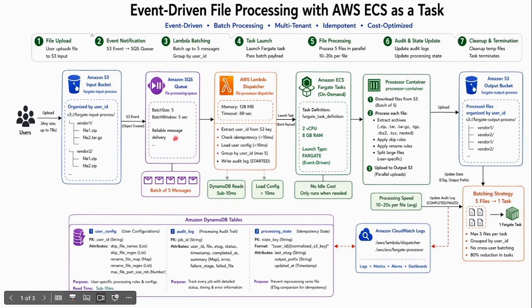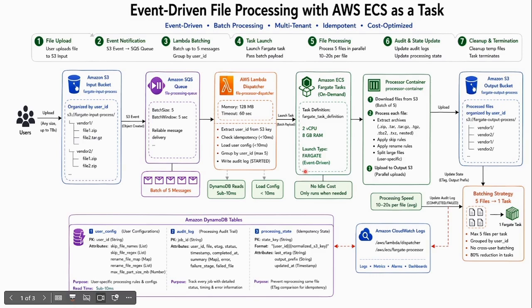This is the basic configuration which we are using, and it is an on-demand process. So there will be no idle cost; it only runs when needed. In the processor container, we'll have an app.py. It will download the files from S3, extract them, apply the skipping rules or the renaming rules, and split the larger files into a specified size.